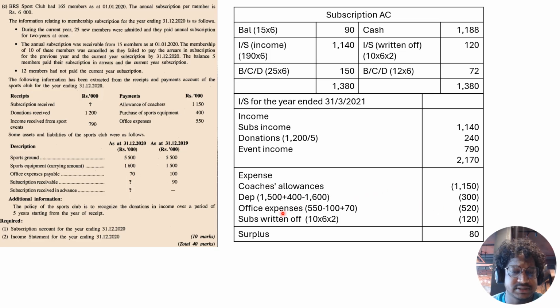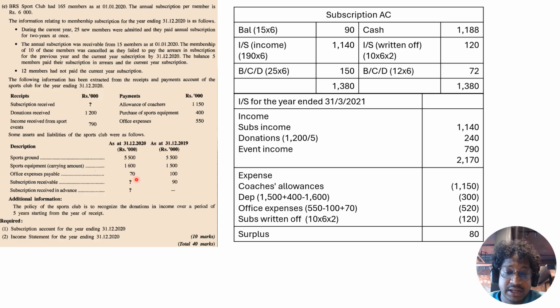And also office expenses, there is an adjustment that you have to do because here it says office expenses payable given as at opening and closing. And office expenses you paid 550, right? So from that 550, you paid 100 for last year. So 550 minus 100, the cash amount that you paid for this year's office expenses is 450. And as at closing date, there is a payable of 70.